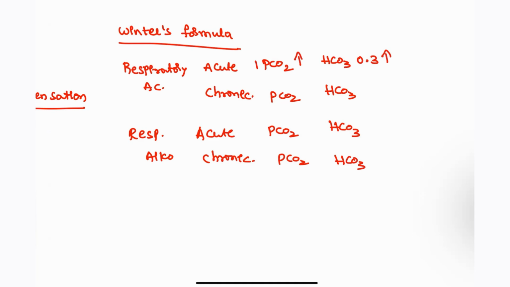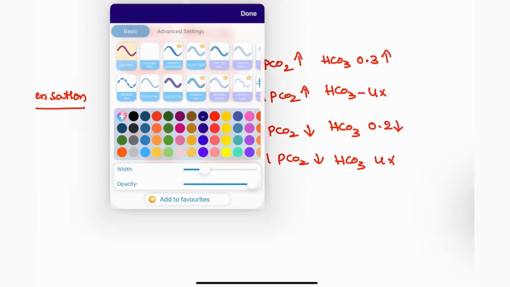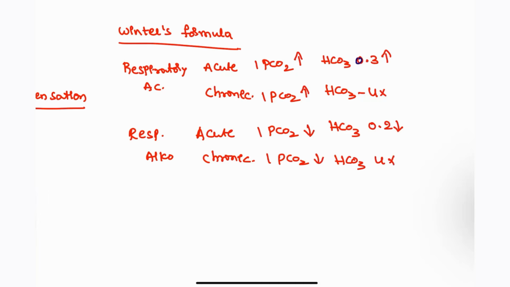If it is chronic, for 1 PCO2, there will be 4 times the HCO3 increase. Again 1 PCO2, then how much has to be decreased for the alkalosis? 0.2. Okay, then 1 PCO2 decrease, 4. So just simply you have to see this. The difference is here, 0.3, 0.2. So 4 is same for the chronic.